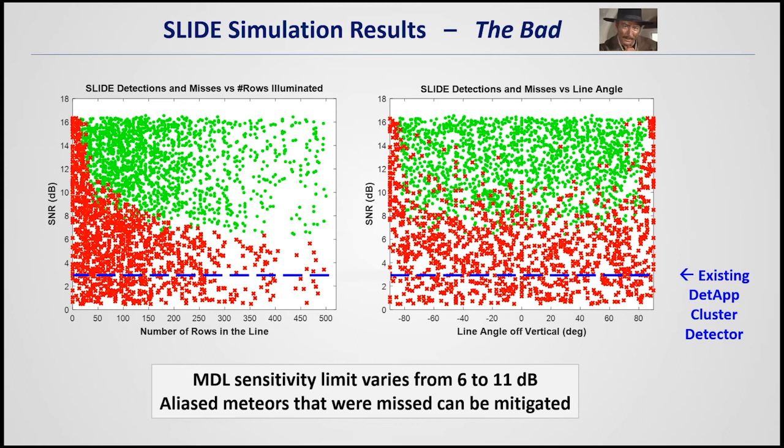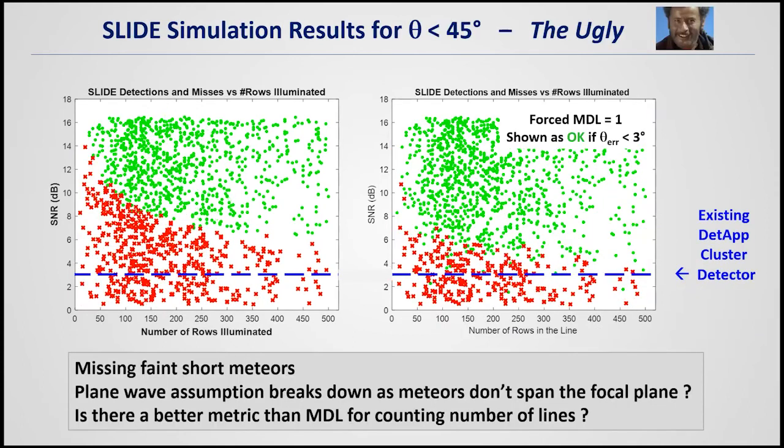However, if you look at the plot on the right, a lot of the missed detections for a small number of rows have to do with the aliasing effect, basically at angles of plus or minus 90 degrees off the vertical. So we looked at results where we didn't have aliasing impacted.